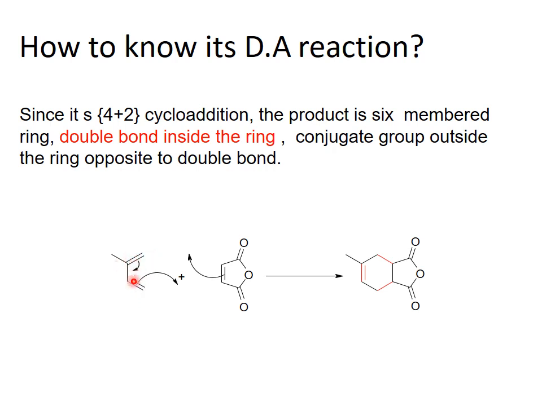The requirement of the dienophile is that the electron withdrawing group must be attached with the double bond. Then such compounds are the best dienophiles. And these electron withdrawing groups must be opposite to the double bond. So from these things we can guess that this is a Diels-Alder reaction, and we try to treat it as a retro Diels-Alder reaction.